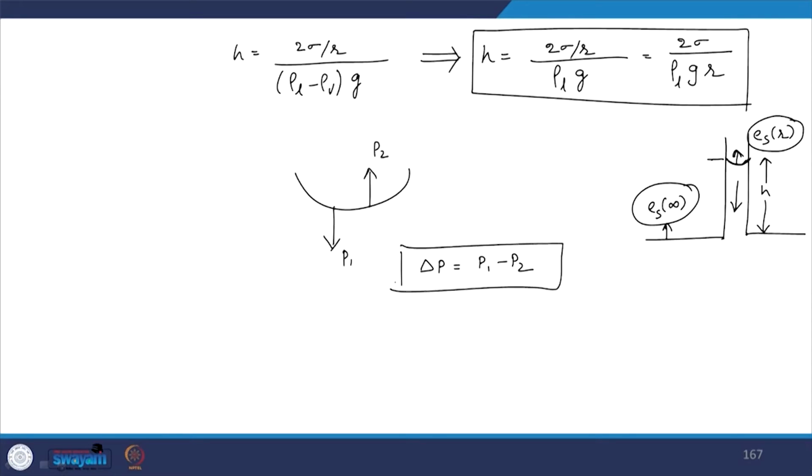Now, when this pressure balances itself with respect to the downward hydrostatic pressure, then you have a meniscus, right. So, basically the idea is these two forces balance each other, and we will be able to write an equation for the force balance. In this case, P1 is larger and P2 is of course smaller.